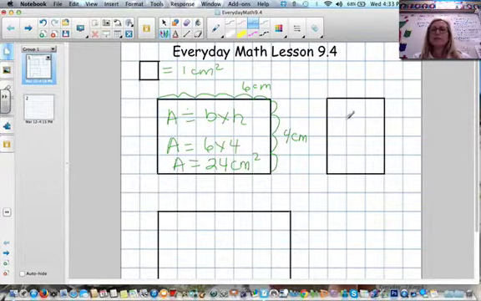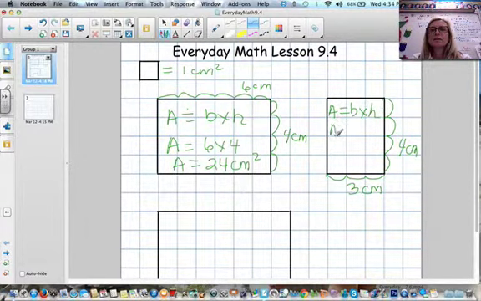Okay, and then we can do the same thing over here. Let's just do it on the bottom this time. We've got 1, 2, 3. So the base in this case is 3 centimeters, and the height is 1, 2, 3, 4. And so again, it's going to be area equals base times height.